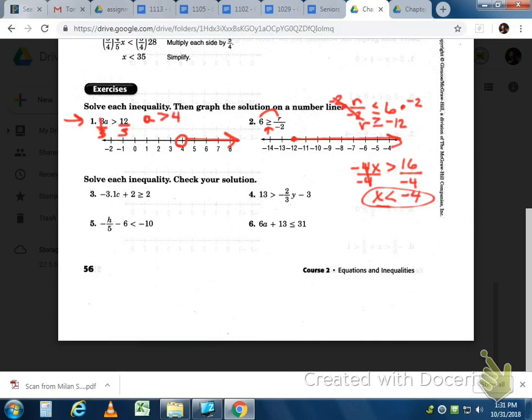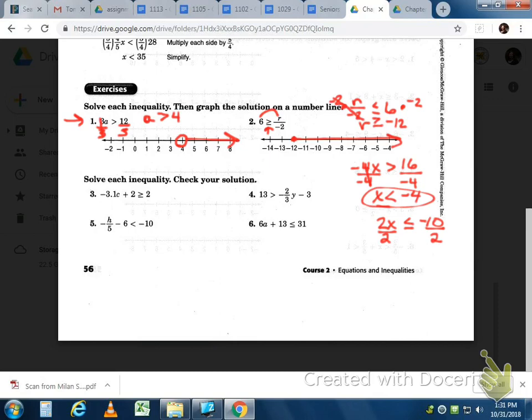Now I want to show you one more before we go do some two steps. I want you to write this one down. 2x less than or equal to negative 10. I want x alone. What's keeping x from being alone? The 2. It's 2 times x. So we're going to divide by 2.